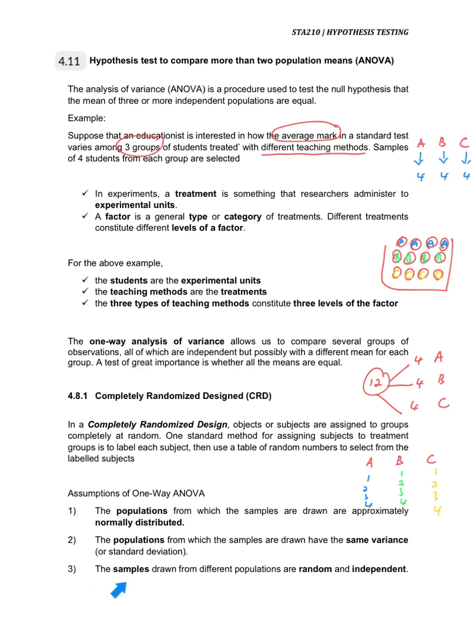The last one, the samples drawn from the different populations are random and independent. So you should remember and understand the assumptions in conducting one-way ANOVA: populations are normally distributed, populations have same variance, and samples are random and independent.